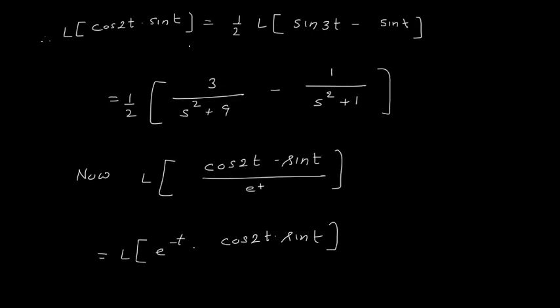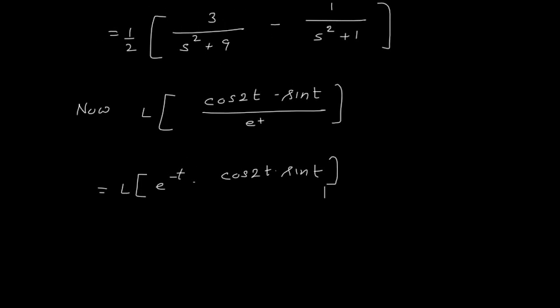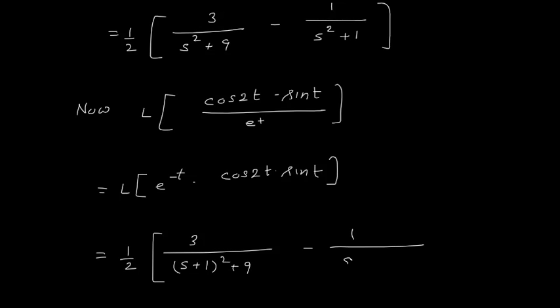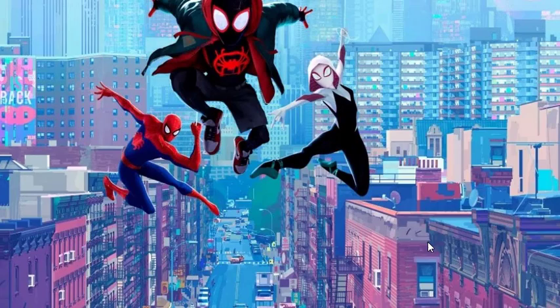Applying the first shifting theorem, the result which we got here, I will replace s by s plus 1. So I have 1 upon 2 outside, here it is 3 upon (s plus 1) square plus 9, minus 1 upon (s plus 1) square plus 1.